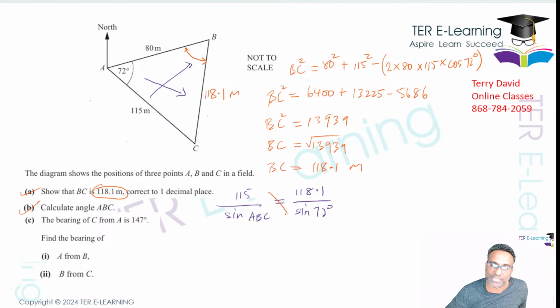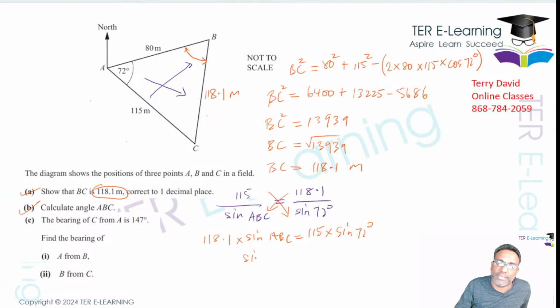To finish up the question, we're going to cross multiply. So 118.1 multiplied by sine ABC is equal to 115 multiplied by sine 72. Therefore sine ABC is equal to 115 multiplied by sine 72 all over 118.1.